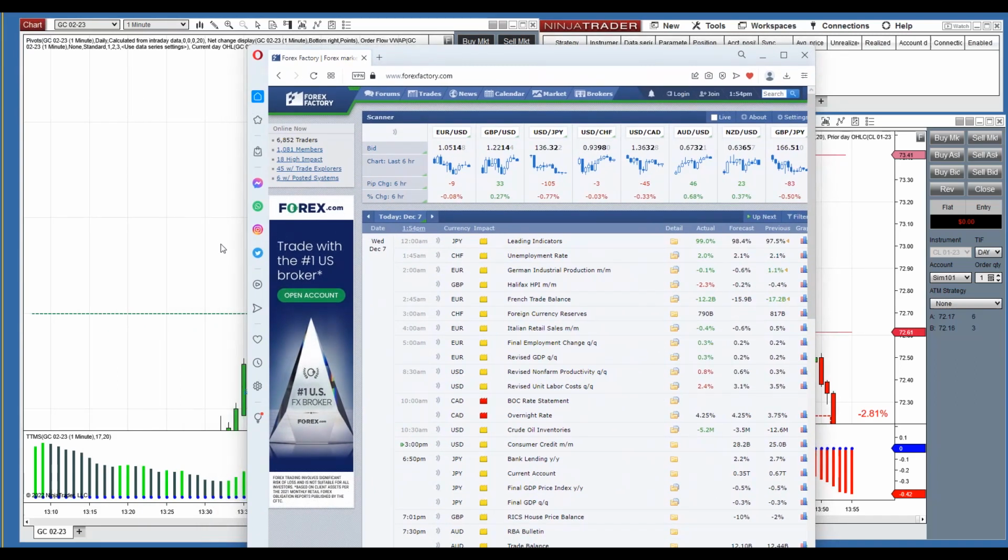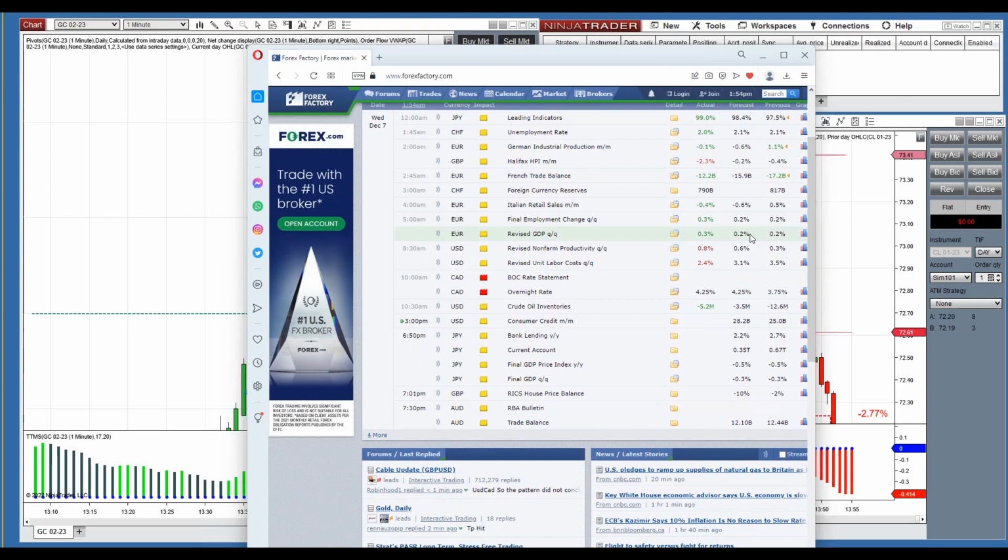So I'm pulling the calendar out, okay? Because I want to see if there's anything up today. There really isn't. You know, there's a consumer credit report at 3 p.m. I really doubt if it's going to move any market. It probably isn't. It's not a big report. No history of it doing anything. So, you know, the calendar's pretty empty right now.